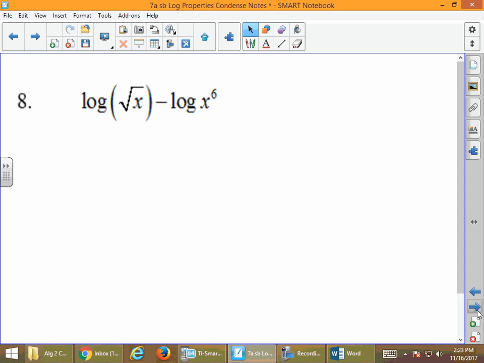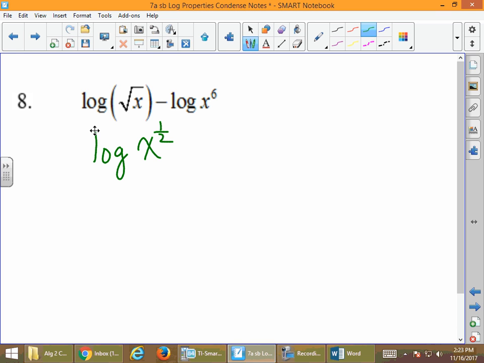Number 8. We don't have any coefficients in this one, nor did we on our last problem here. But this one says log of the square root of x. And what happens here is we can rewrite the square root of x as log of x to the 1/2.